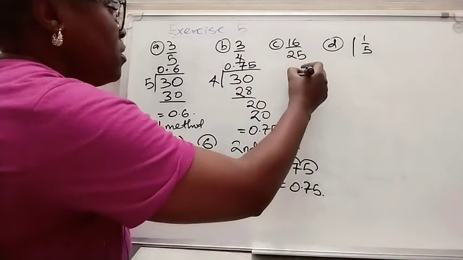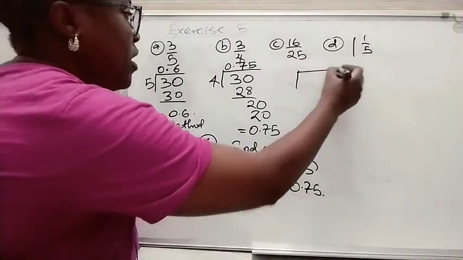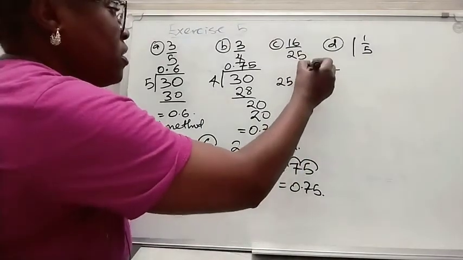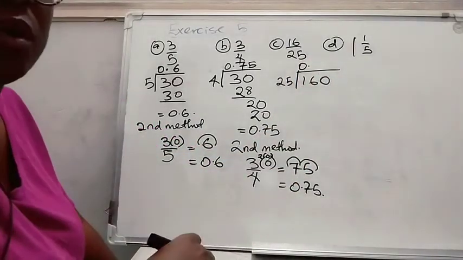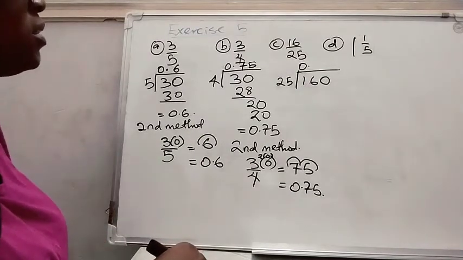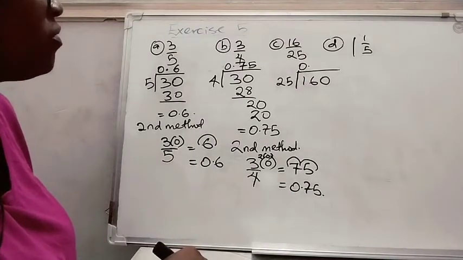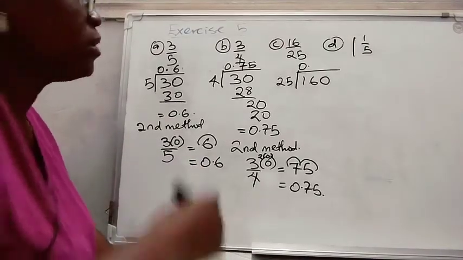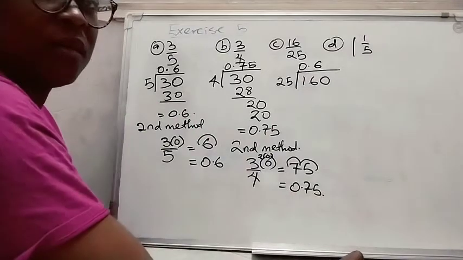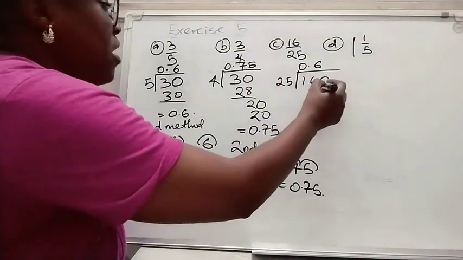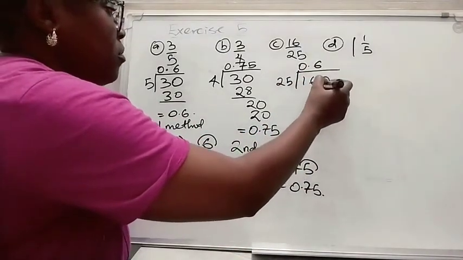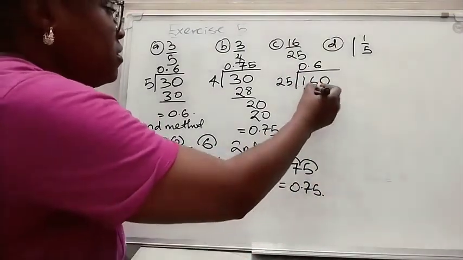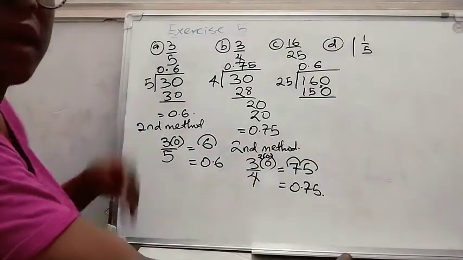Now we have another one, 16/25. So we'll put 25 here and 16 here. So the decimal goes in, another 0 goes in. So 160 divided by 25 should give us about 6, right? With some remainders. So we'll have 6 here. 6 times 5 will give us 30, remainder 3. 6 times 2 will give us 12. 12 plus 3 is 15, right?